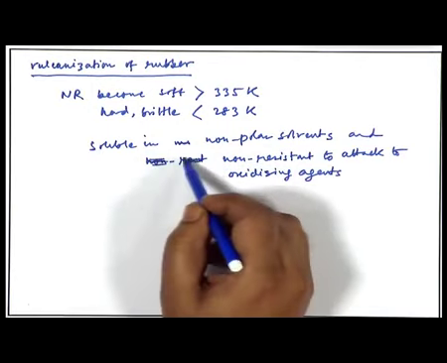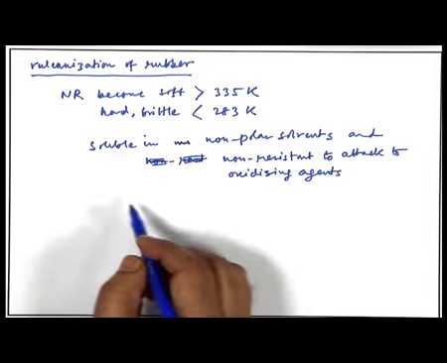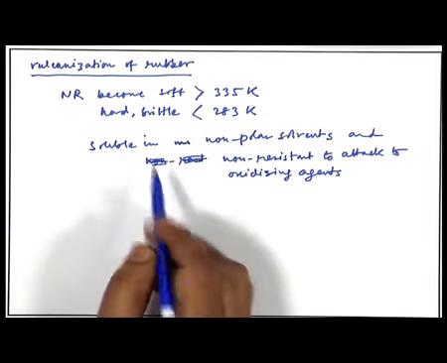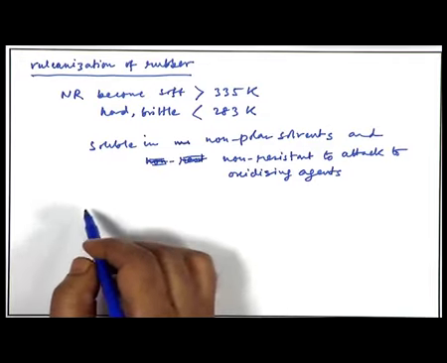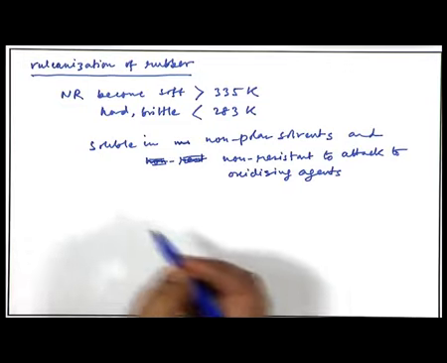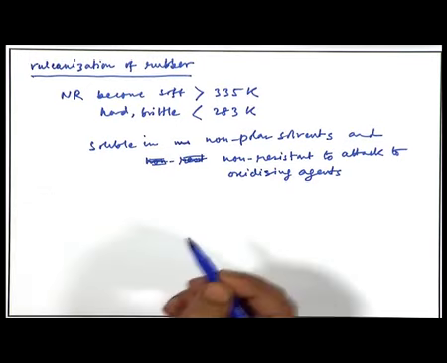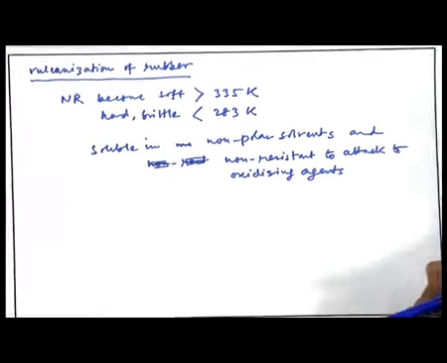The applications of natural rubber got limited, and that is the reason we need to cross link this rubber, and that is done using sulfur as a cross linker, which is called the vulcanization step.